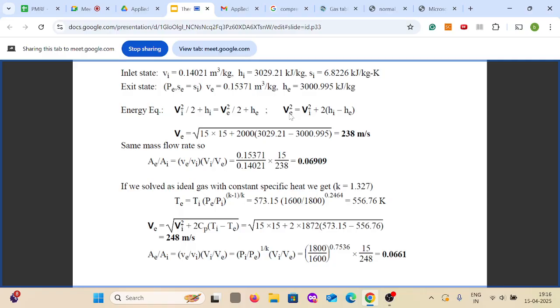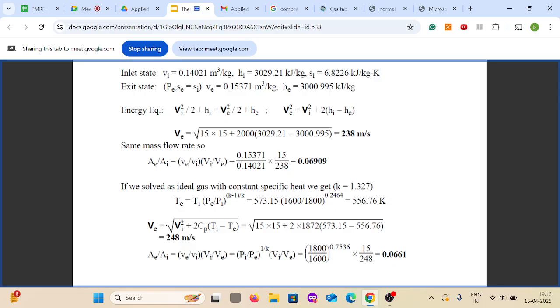So area ratio is AE by AI is specific volume at exit divided by specific volume at the inlet into velocity at the inlet by velocity at the exit. So we get 0.15371 divided by 0.14021 multiply by inlet velocity is 15, exit velocity is 238. So this comes out to be 0.069 is the area ratio.